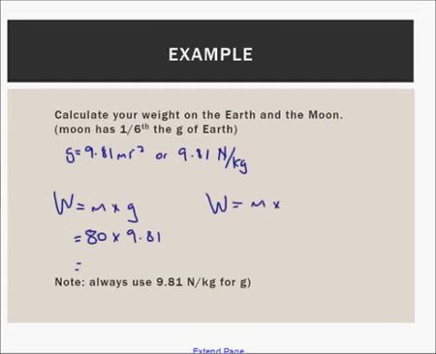Then it'll be mass times g, which is, let's say Earth's g, divided by 6. So it'll be 80 multiplied by 9.81 divided by 6. And in this case, remember this here, please don't forget that 1. It's 9.81.